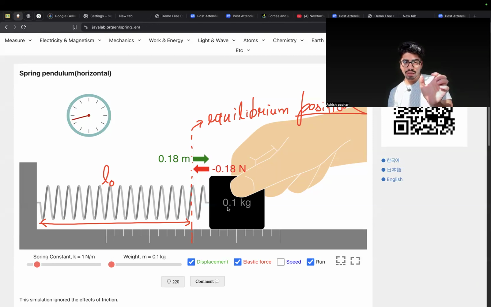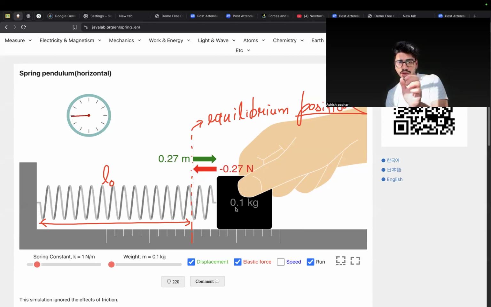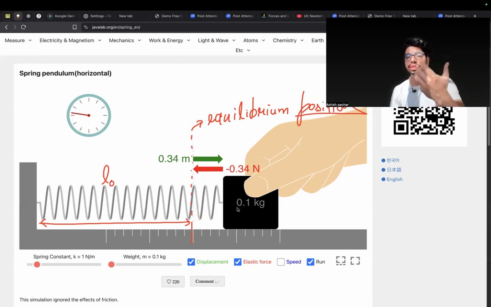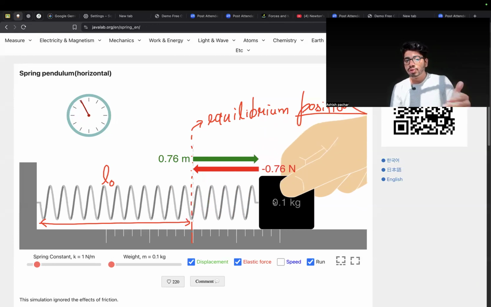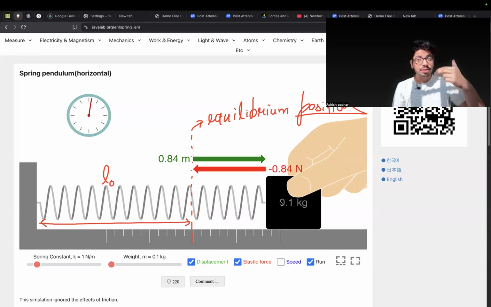As I apply more displacement, the spring force is in the opposite direction and is directly proportional. This is what we call Hooke's law. Simple.